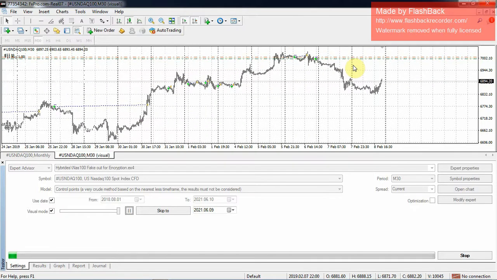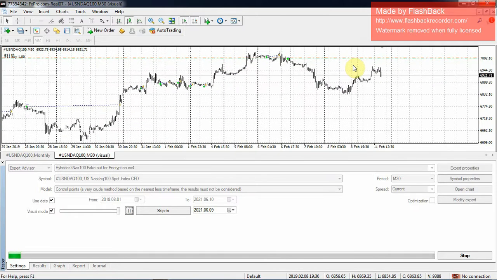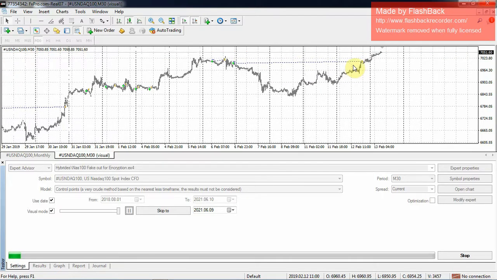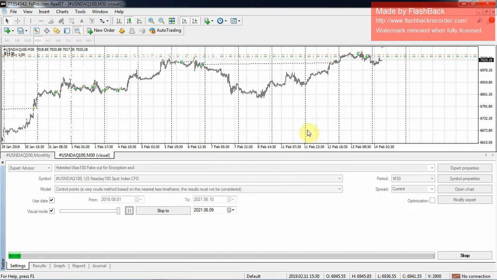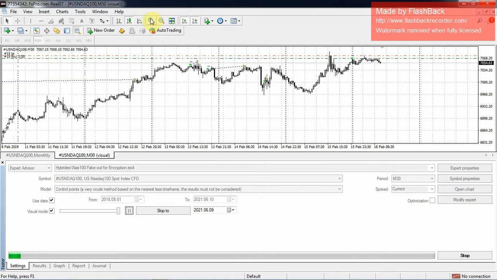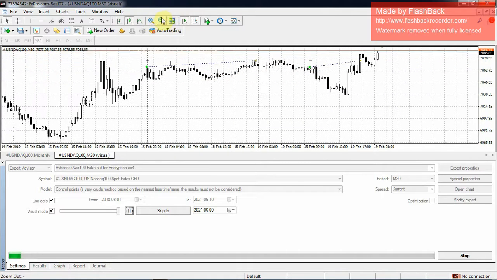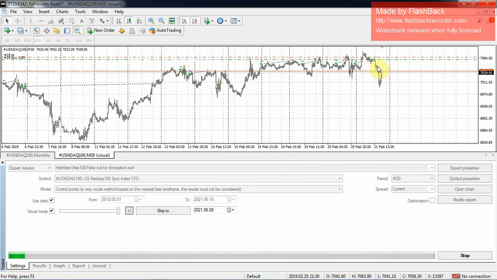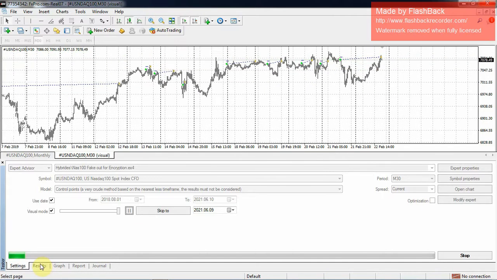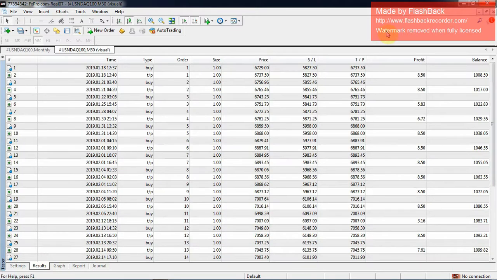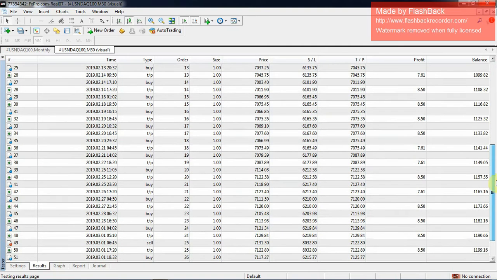But the advantage is that these trades, no matter how many days they take, won't hit our stop loss. It will be rare that a trade hits our stop loss. That's an advantage. And the other advantage is that most trades will be instant. It will only take a few minutes to hit our take profit.